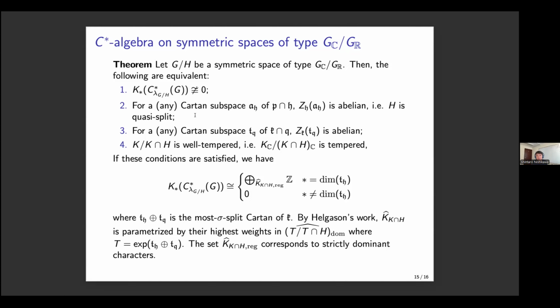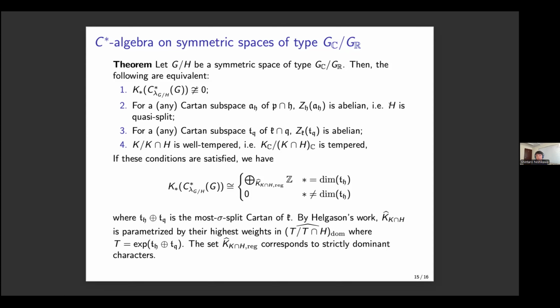The first condition says that if you have a Cartan subspace A_H in P cap H, where this is the Lie algebra of H and the self-adjoint part, and you take its centralizer in H, that must be abelian.